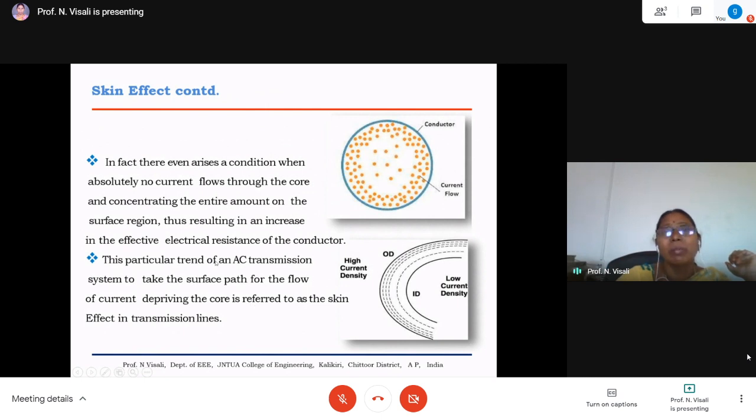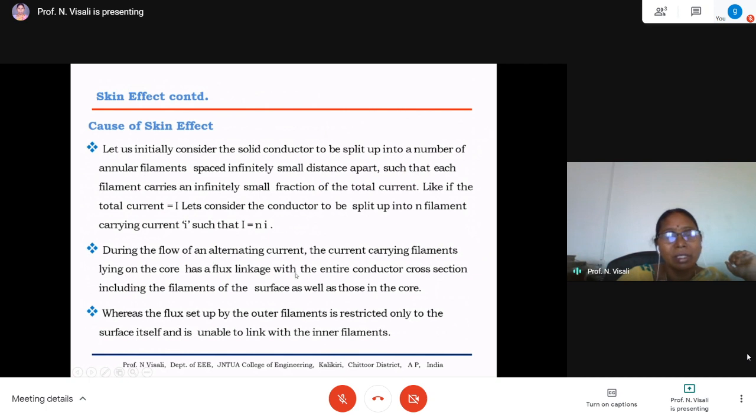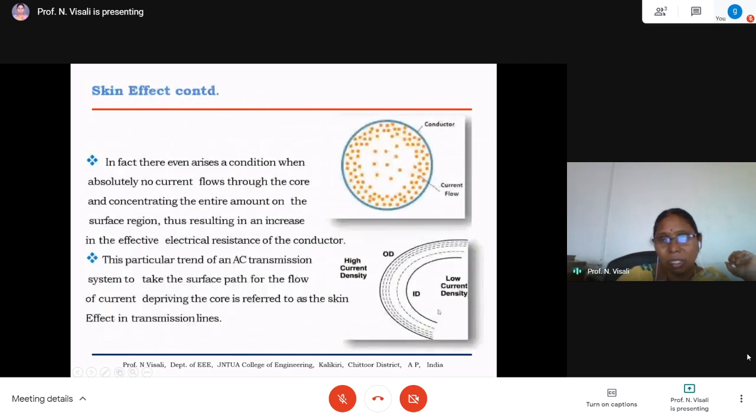Because of low current density here and high current density there, the resistance changes from the center point to the outer part. Because of that, the resistance of the conductor increases at the outside. So this is known as the skin effect.